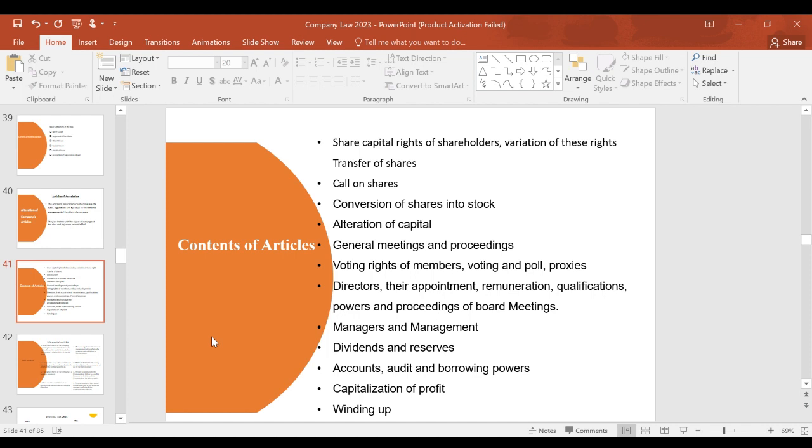It's worth noting at this stage that articles of association can be generated from the model articles, and at times, articles of association can be drafted from scratch by those promoters who intend to subscribe or bring about the registration of that company. And it's not very difficult, as we will see with regards to the alteration of the Articles of Association.